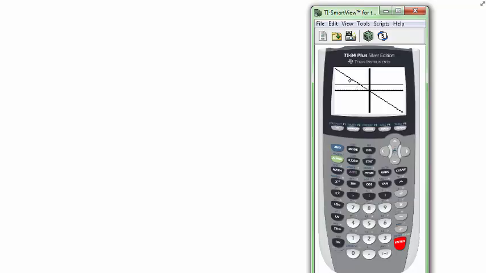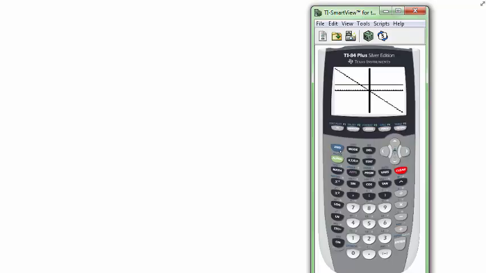So it looks like it's going to be less than going off to negative infinity here, but let's find the actual intersection. For that, I'm going to press second function and calculate, or the trace button, and then I'm going to select intersect.